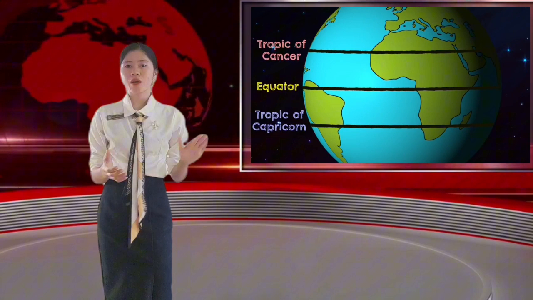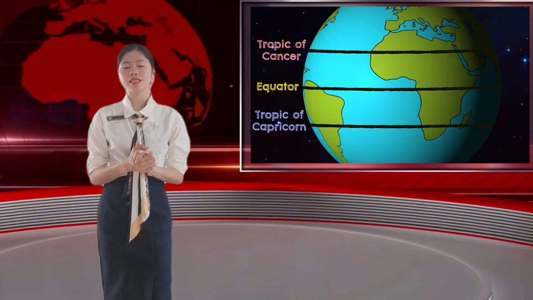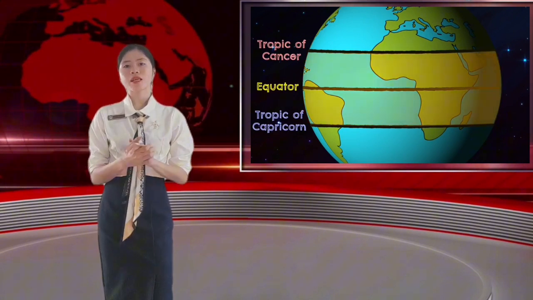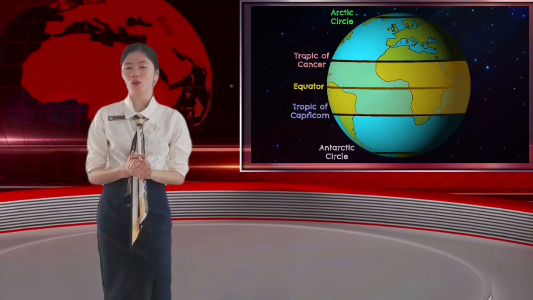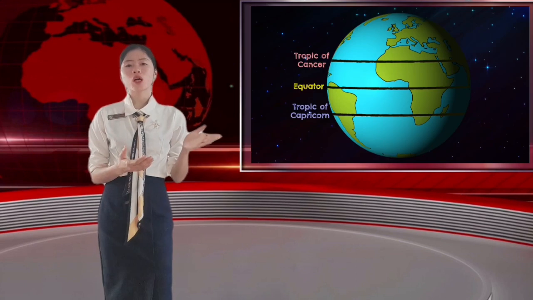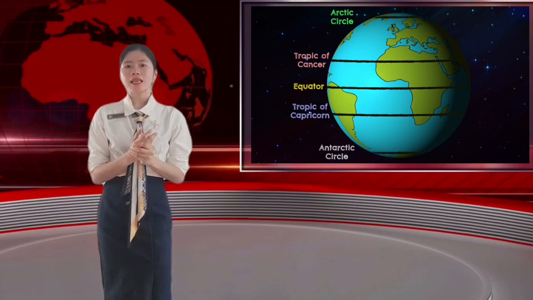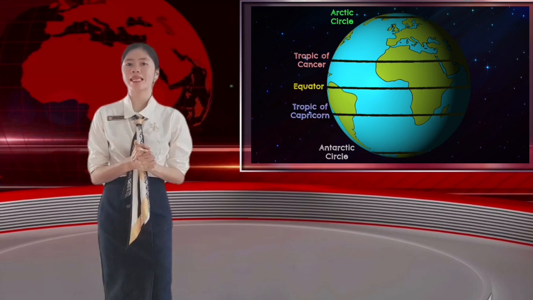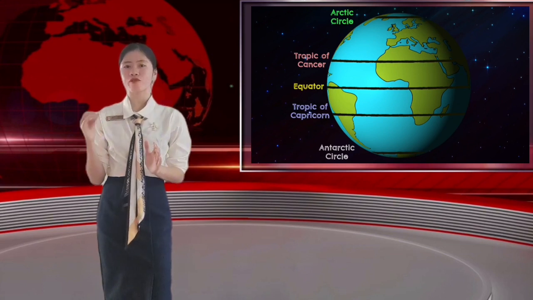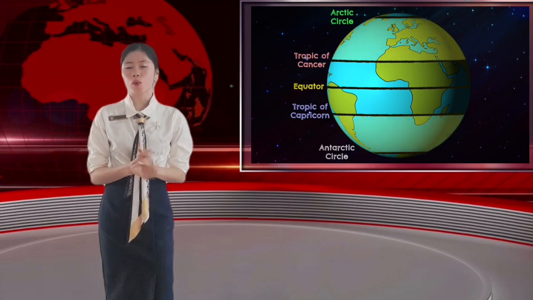As for the Tropic of Capricorn and Tropic of Cancer, these are latitudinal lines located at approximately 23.5 degrees south and north of the equator, respectively. They mark the farthest points where the sun's rays fall vertically, leading to distinct seasons in tropical regions. As for the Arctic and Antarctic circles, these are latitudinal lines located at approximately 66.5 degrees north and south of the equator.